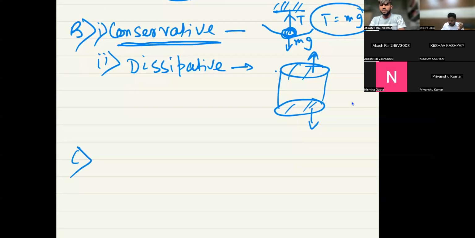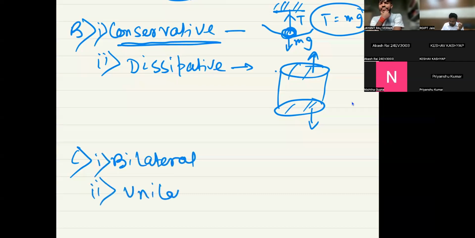So the third type is called bilateral and unilateral. Bilateral means that they can be expressed in the form of an equation. For example, this rigid body that I told you about has a relation between its particles in the form of an equation. But unilateral means they are one-sided.